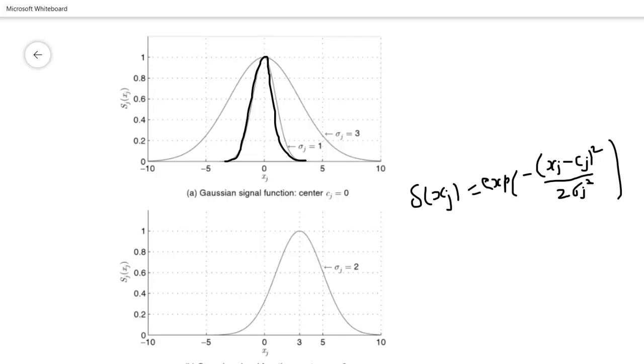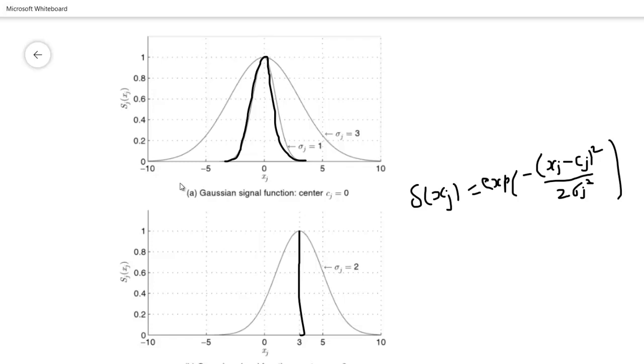If we make a change in the center, that shifts the function towards the right or left along the activation axis. So what is the activation axis? This is the activation axis. So this is the diagram for the Gaussian signal function.